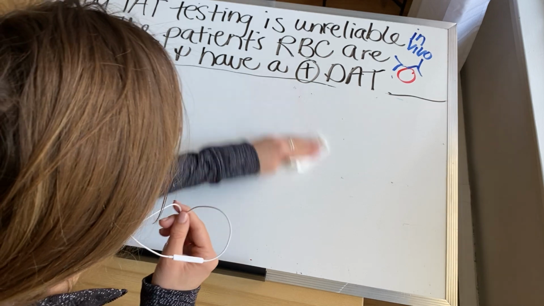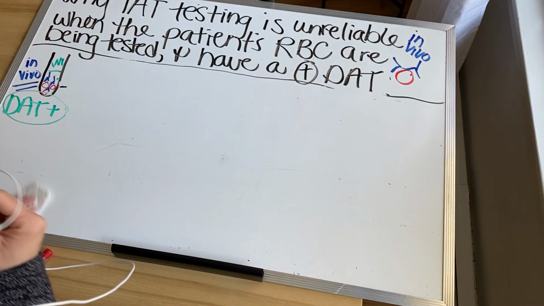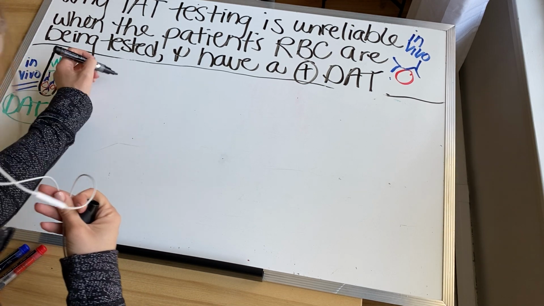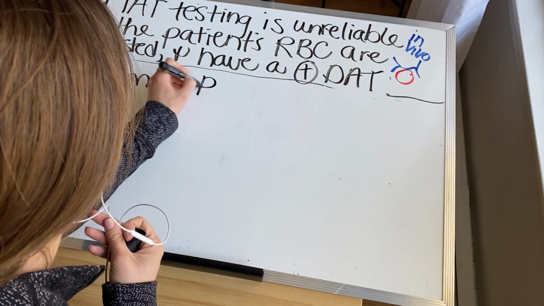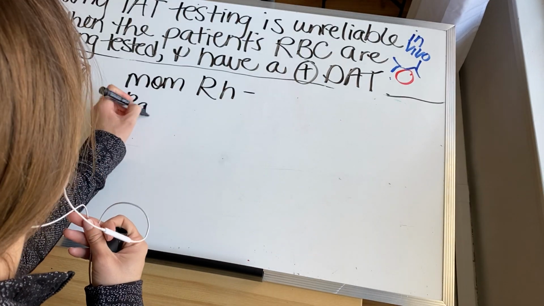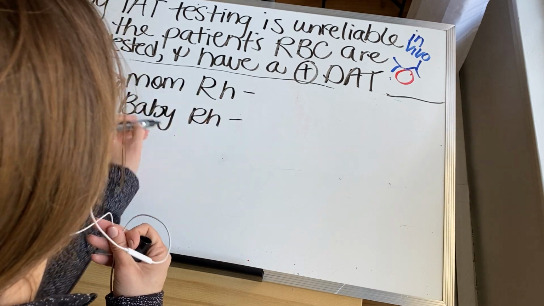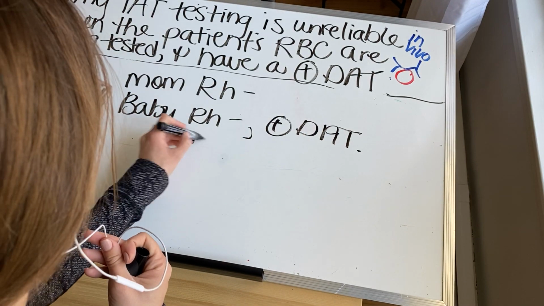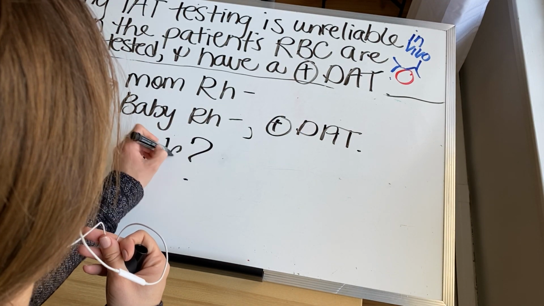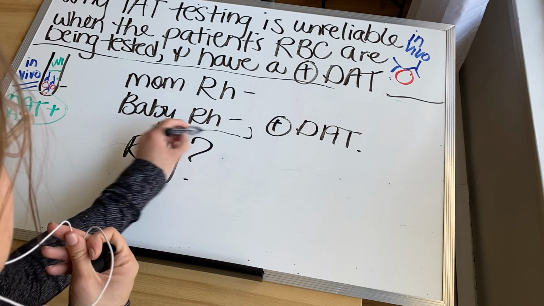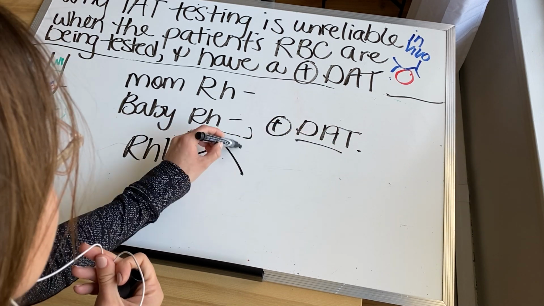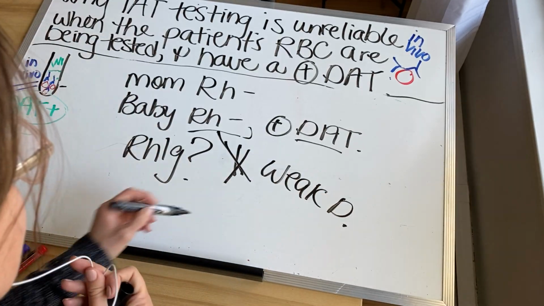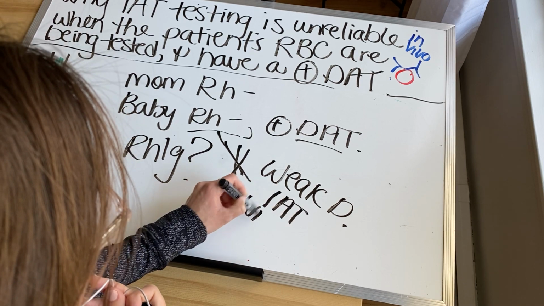So if the mom was Rh negative and the baby was Rh negative but had a positive DAT, does this mom need RhoGAM? Rh negative baby with a positive DAT means we can't do weak D, because weak D requires the IAT phase with patient red cells.